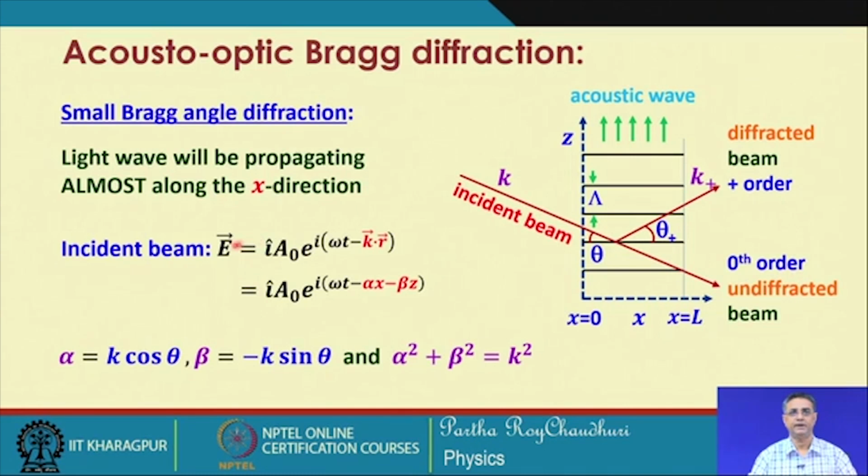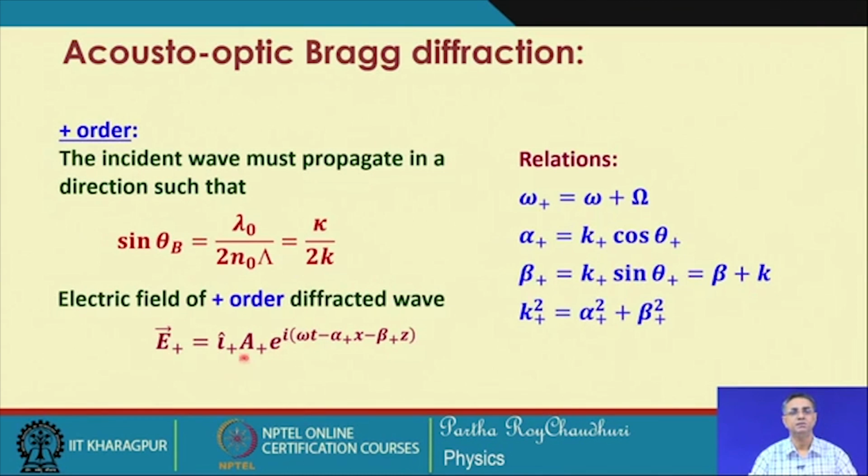You see, this is for the incident beam, e to the power of i(omega t minus k dot r), alpha and beta were the x and z components. Similarly, for the plus order diffracted beam, A plus is the amplitude, alpha plus and beta plus will be the x and z components of the propagation vector of the plus order diffracted wave, and they must hold this relation. We have seen from the basic coupled mode equation that omega plus will be equal to omega plus capital omega.